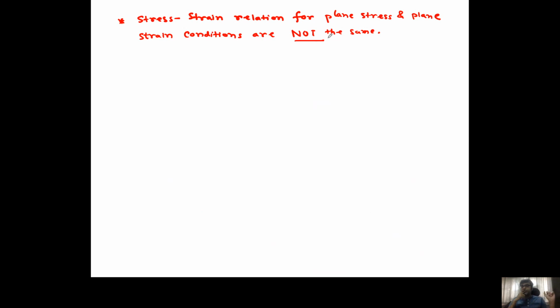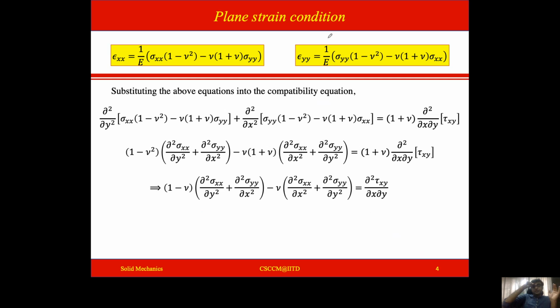Similar to what we did for the plane stress condition, we want to do the same thing for the plane strain condition. So for that, first what we need is the strain in terms of stress. Let us write that down, and then we will see where it takes us.